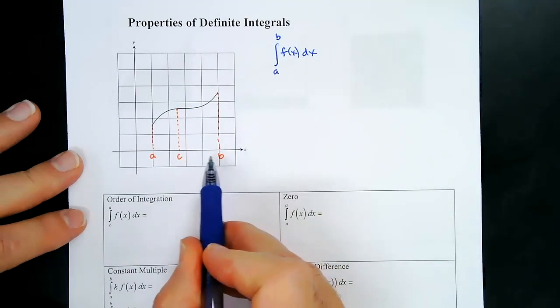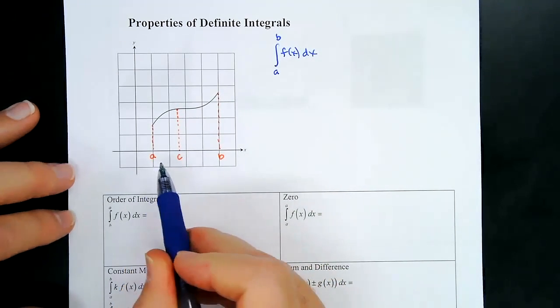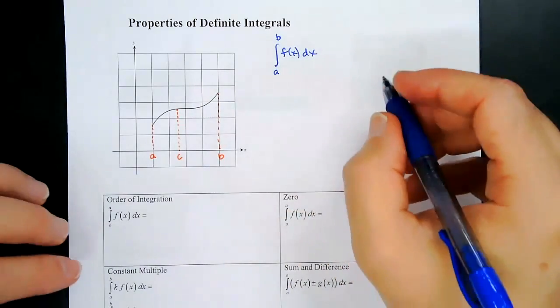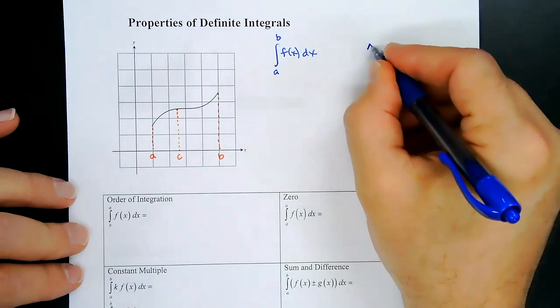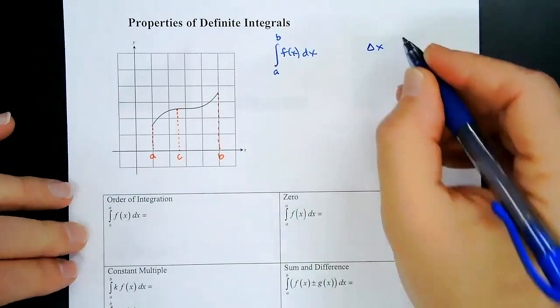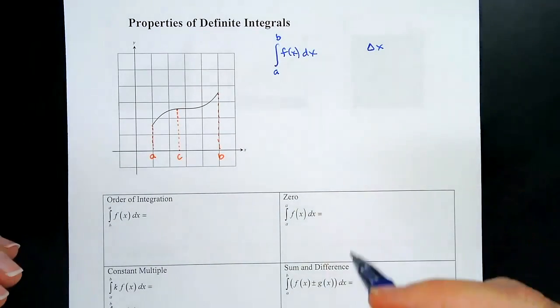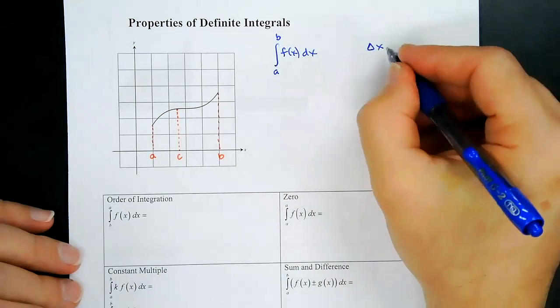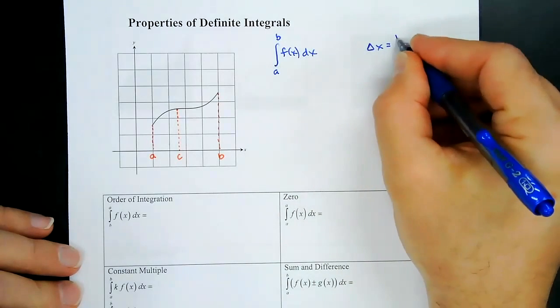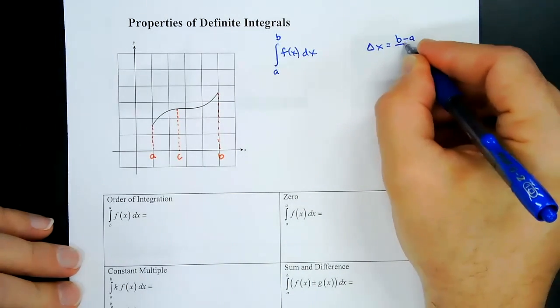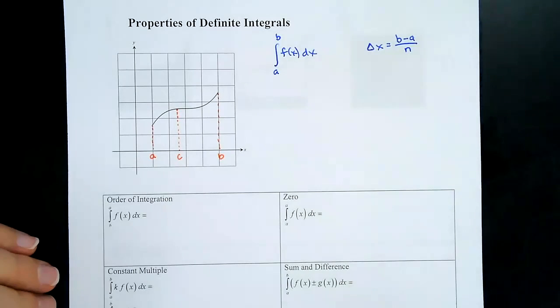And we did the right endpoint minus the left endpoint, and then divided by how many there were, and that was our delta x. So that's still going to be the case. Our delta x, because we were taking the limit as n went to infinity, became my dx, right? So delta x is still b minus a divided by n.